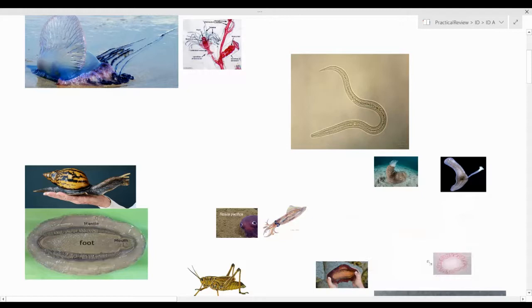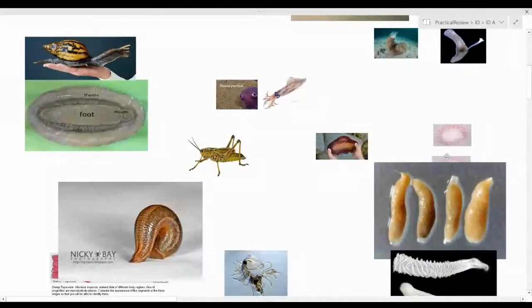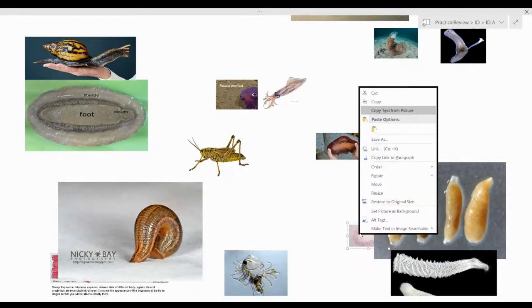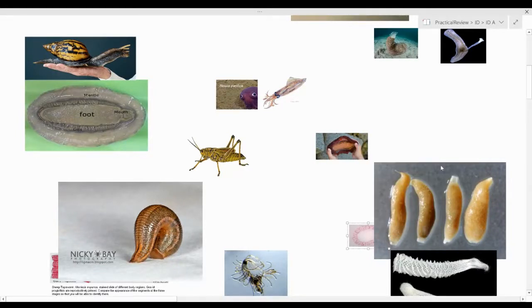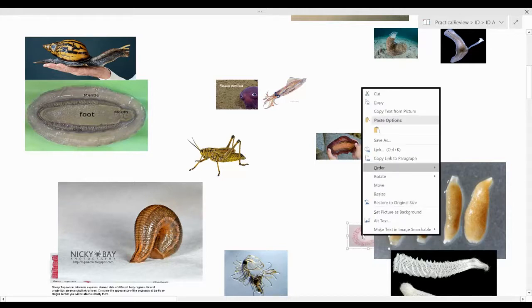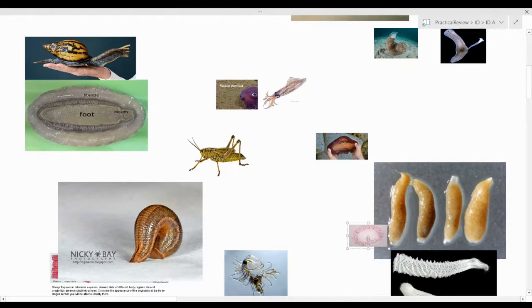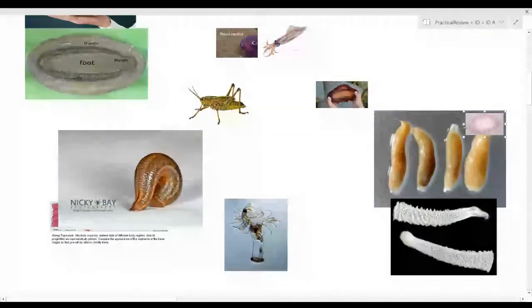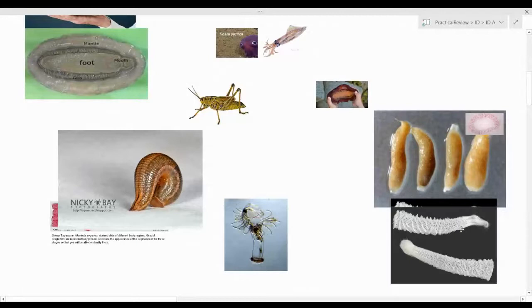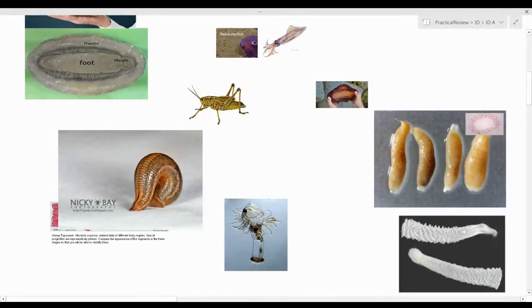Here. More specifically, here. So I want these together and this one close.